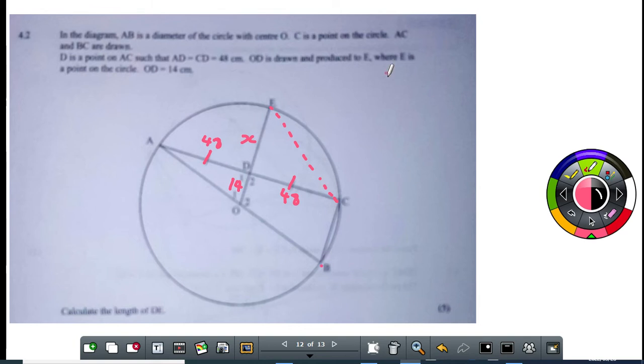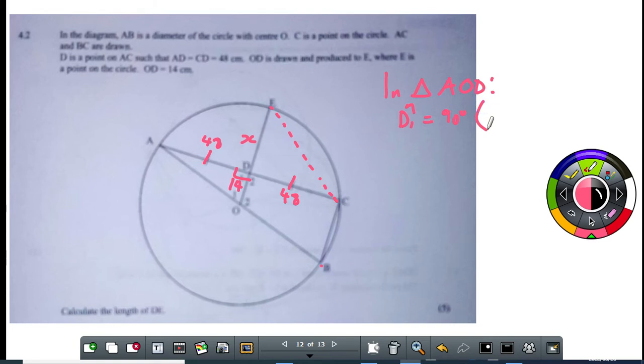So I'll just say in triangle AOD, I can use the theorem of Pythagoras, but before I do anything, I need to state that angle D1 is 90 degrees. Okay, I need to, because it's not indicated there. I cannot just rush to assume that the triangle is a right angle. I need to tell whoever will be marking the answer that I know that D1 is 90. Okay, so D1 is equal to 90 degrees.